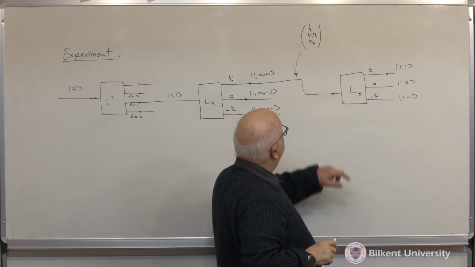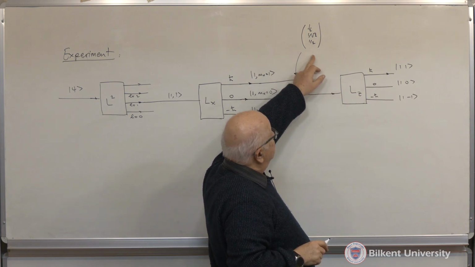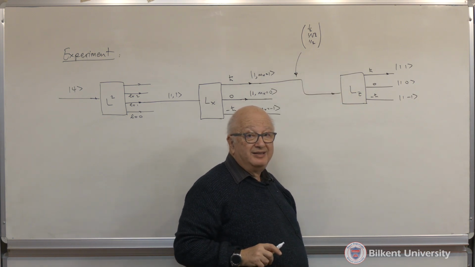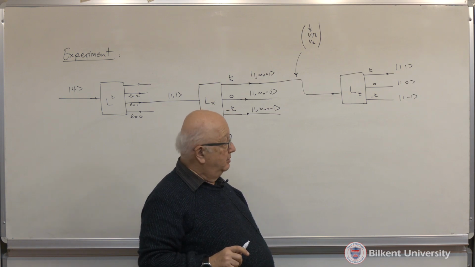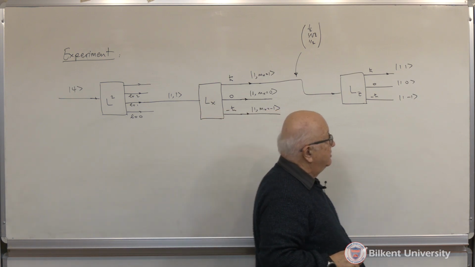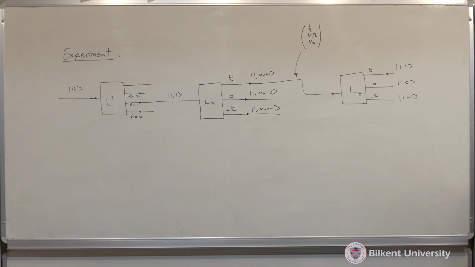Now I want to expand this in terms of eigenstates of Lz. What are the eigenstates of Lz? Well, they are (1,0,0), (0,1,0), (0,0,1). So it's very easy to expand this in terms of that.